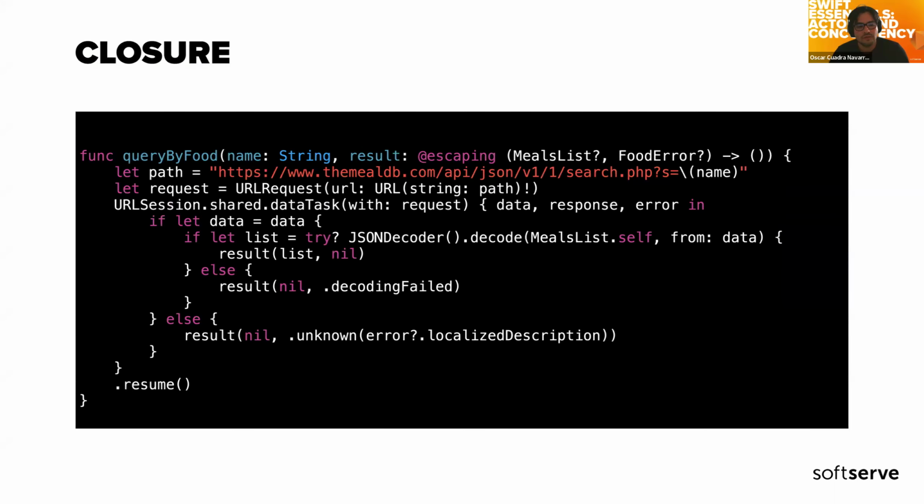This is the old way to write code with asynchronous functions, handling them with completion handlers. You can see it takes a lot of lines of code to work with this concept.